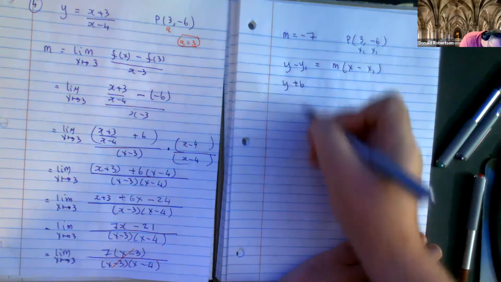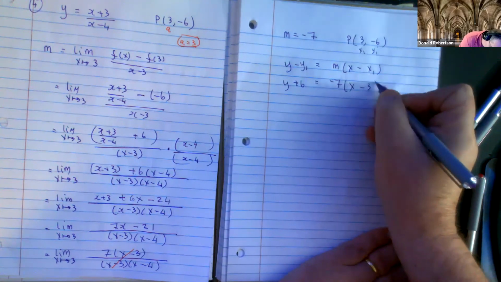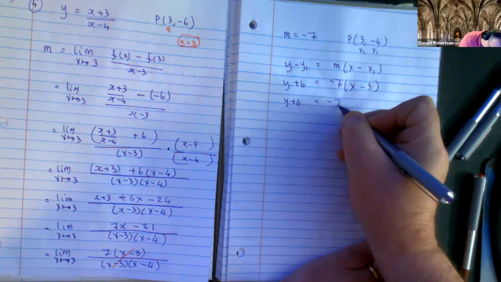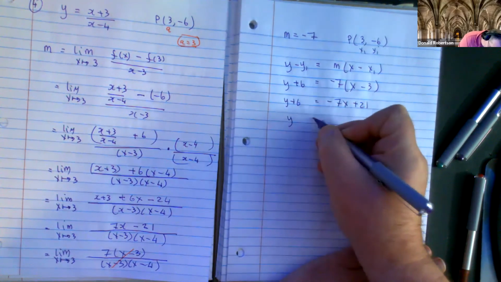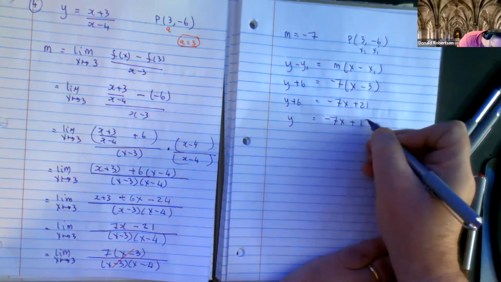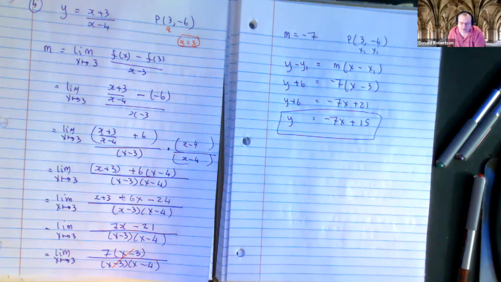Slope is -7, x take away 3. Distribute the -7. And then take 6 away from both sides. And there you go. You have got the equation of the tangent line.